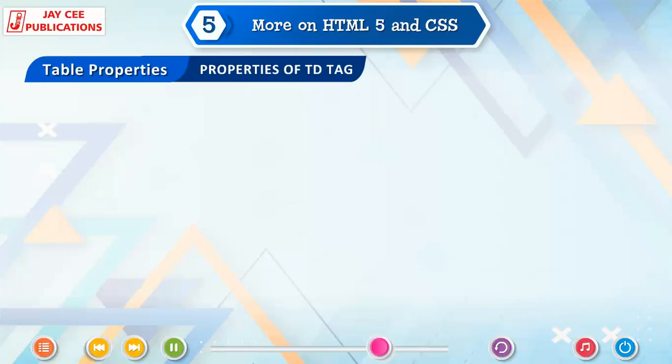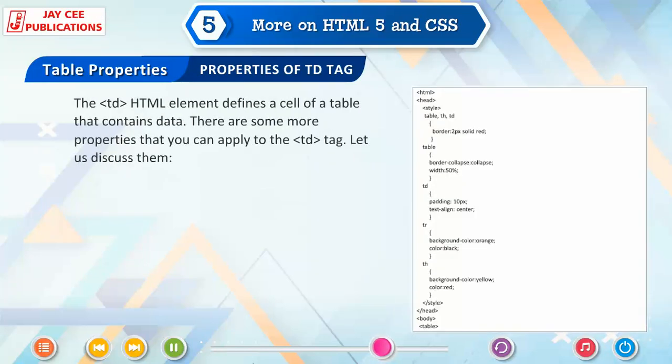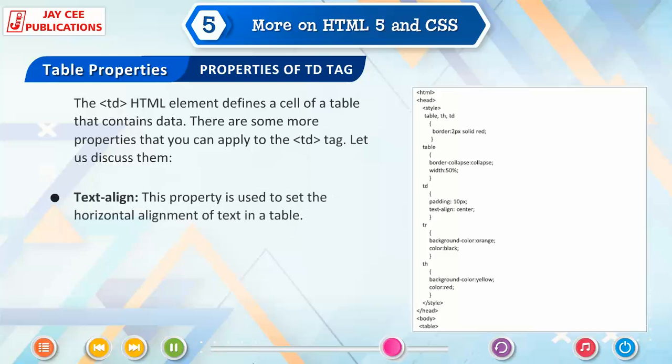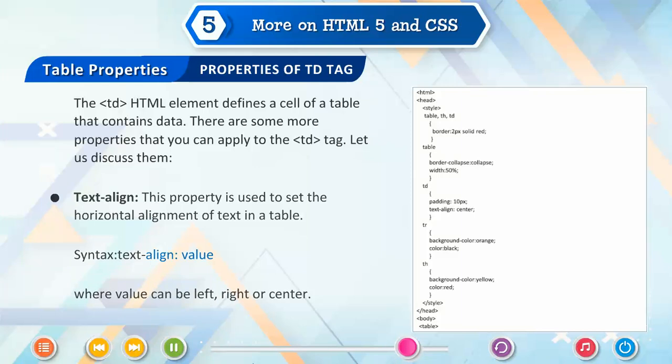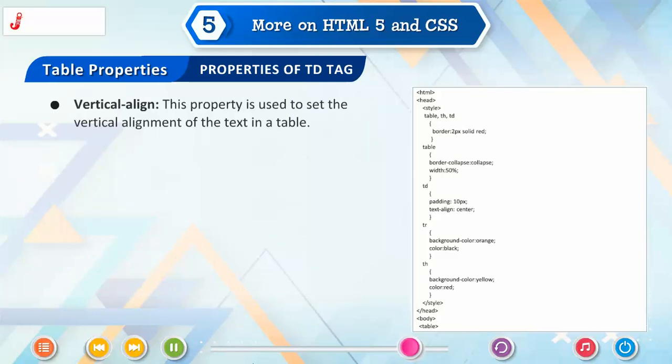Properties of the td tag. The td HTML element defines a cell of a table that contains data. There are some more properties that you can apply to the td tag. Let us discuss them. Text align. This property is used to set the horizontal alignment of text in a table. Syntax: text-align: value, where value can be left, right or center. Vertical align. This property is used to set the vertical alignment of the text in a table.